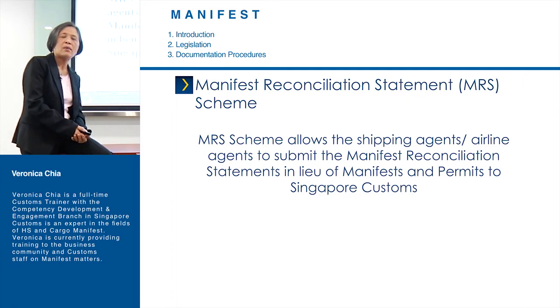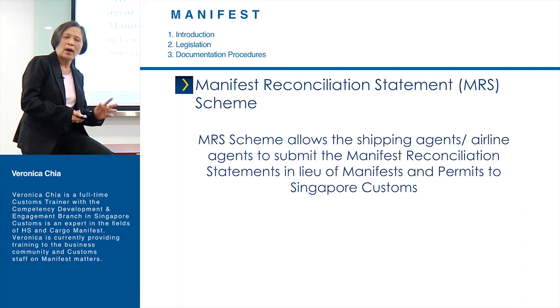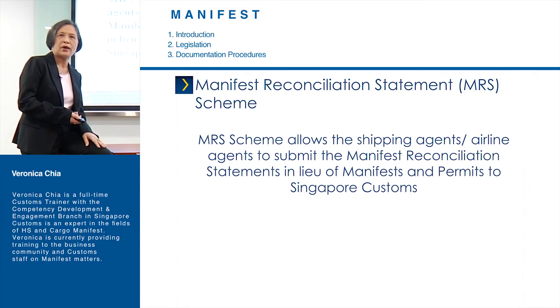This scheme came about in 1995 and facilitates the shipping agents and the airline agents in their submission of the manifest and the permits. Instead of submitting the manifest and the permits, they just submit one copy, a statement, in a format which we will prescribe to them.